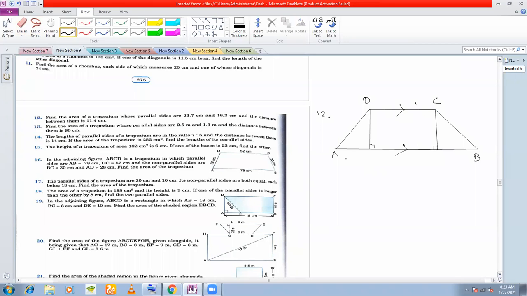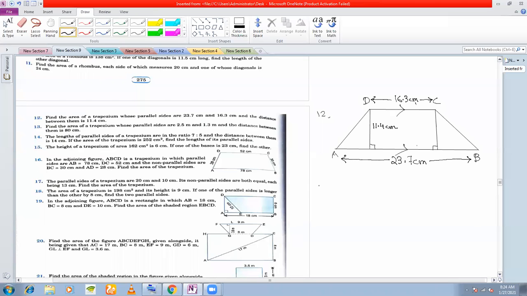The length of the longer parallel side is 23.7 centimeters. And 16.3 means the other parallel side is 16.3 centimeters. And the distance between them is 11.4 centimeters. So that is what this trapezium will look like.